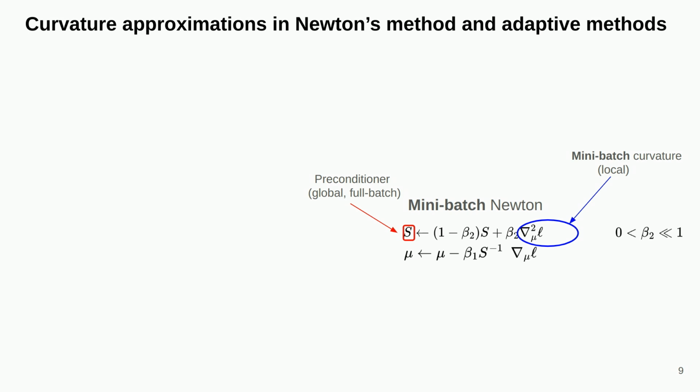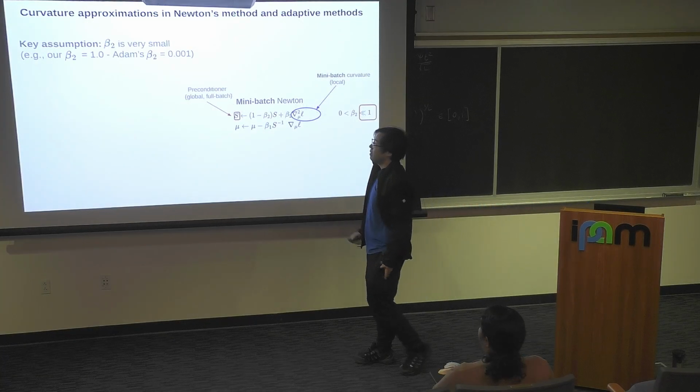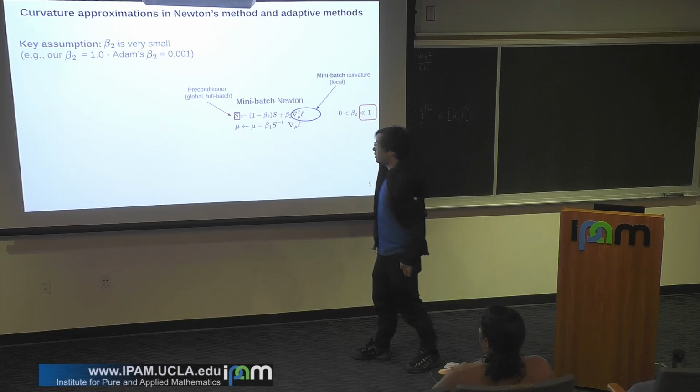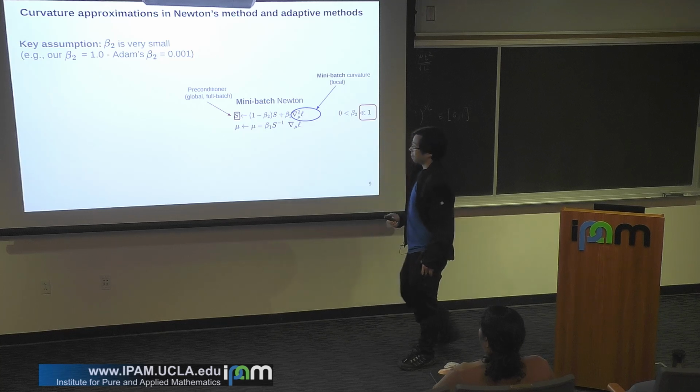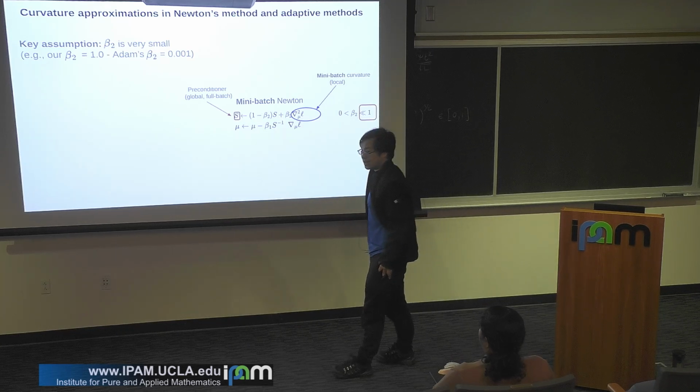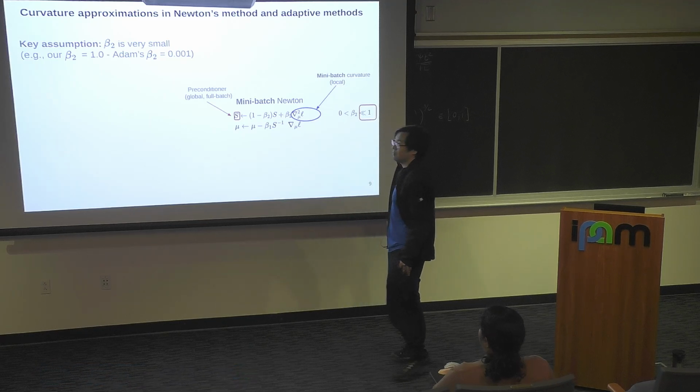Here, the Hessian is only computed using a subset of data points, and we introduce a learning weight beta 2 to update the preconditioner. The key assumption in this talk is that beta 2 should be very small. For example, if you're familiar with the Adam optimizer, using our definition, beta 2 is equal to 10 to the negative 3. So it's very small.